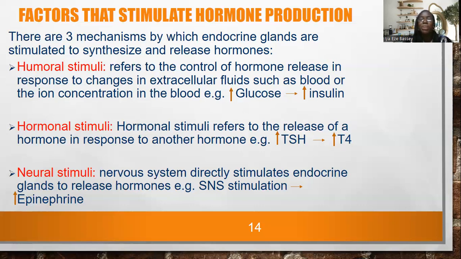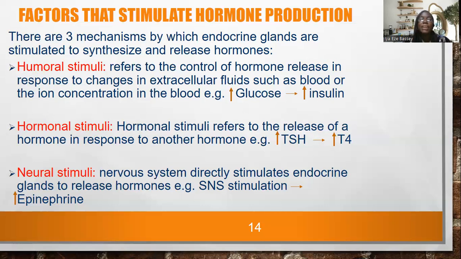A very good example of a humoral stimulus would be an increase in glucose levels after a very delicious carbohydrate meal. This will stimulate the production of insulin so as to encourage the entrance of glucose into the cells for storage.